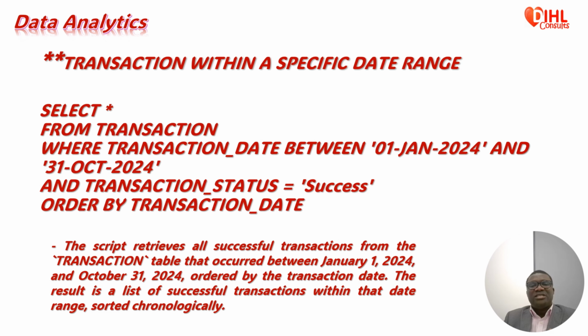So this will retrieve all successful transactions from the transaction table that occur between January 1st, 2024 and October 31st, 2024, ordered by the transaction date. The result is a list of successful transactions within that date range, sorted chronologically.